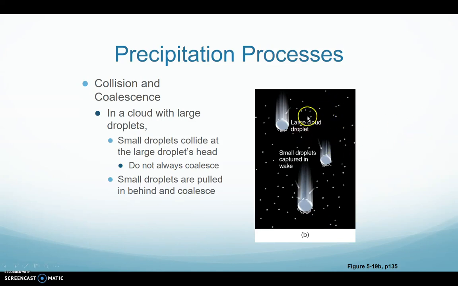What's more important in this case is that as the droplet falls, smaller droplets are pulled into the large drop's wake. And as it does that, these small droplets collect on the backside of a raindrop, and there it is much easier for them to coalesce, and that is where the primary growth happens in the collision coalescence process.